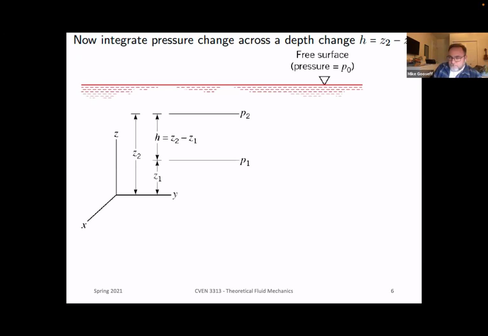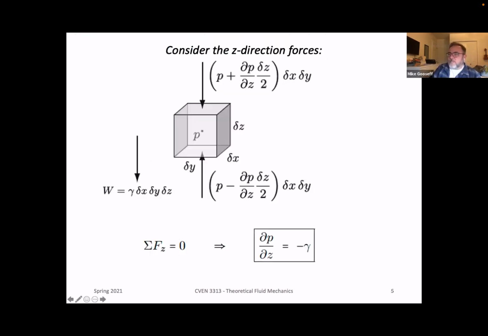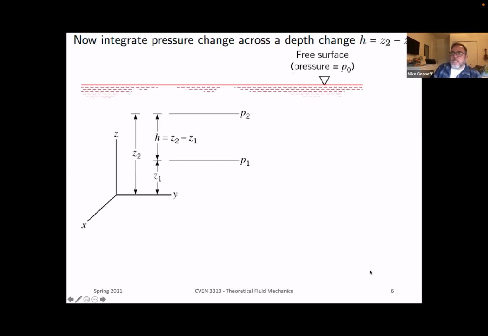Okay. So with this relationship, del P del Z is equal to minus gamma, we could take that a step further and say, let's say I have 2 points of interest. They're both under a free surface of some fluid. Point 2 is elevated above point 1, right?